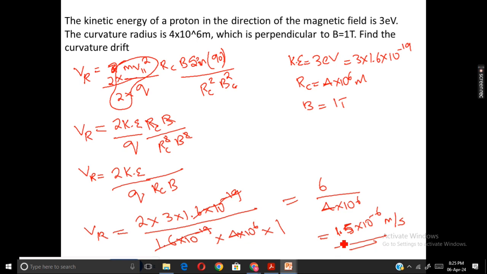So this is the value of the curvature drift, the drift velocity due to the curvature of the magnetic field. Okay, I hope this is also clear.